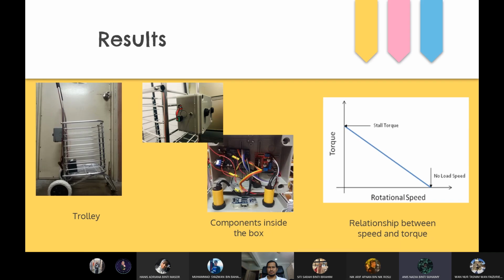So here on the first image is a picture of also a picture of a switch.